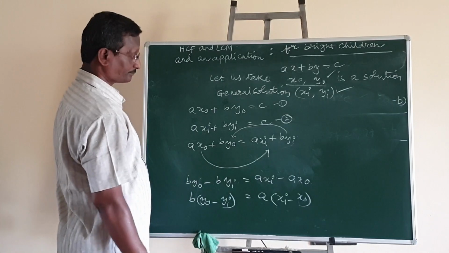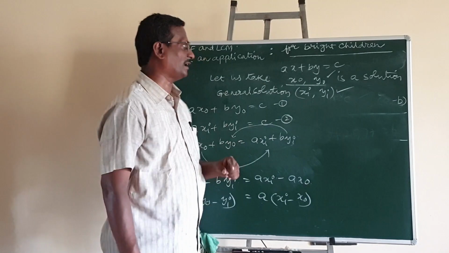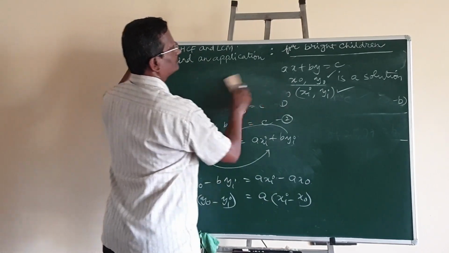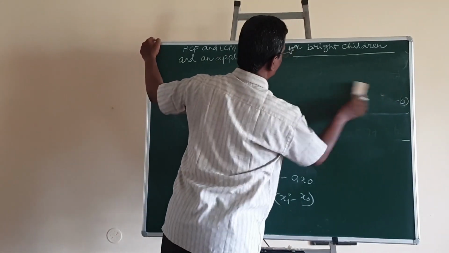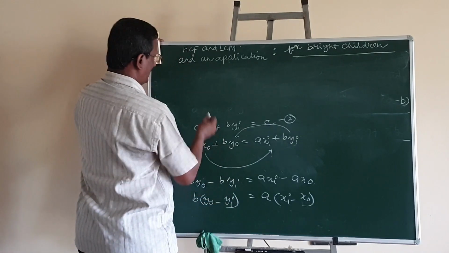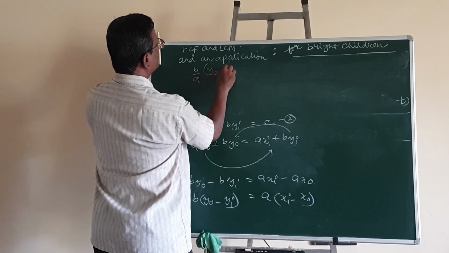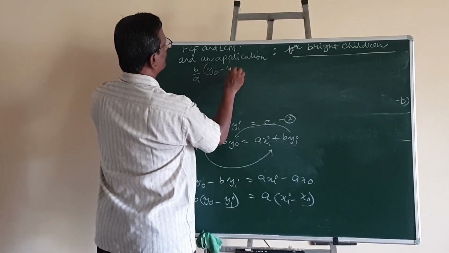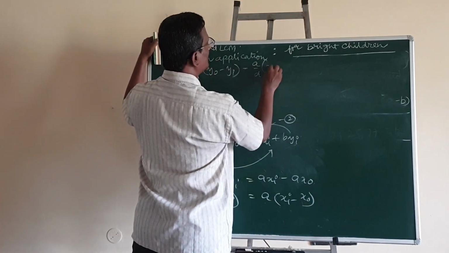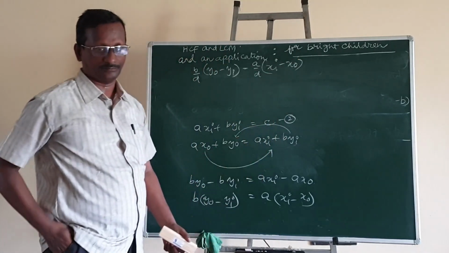After taking common factor, you know that d is the HCF of a comma b. Let us divide both the sides by d. On dividing both the sides by d, b upon d into y0 minus yi is equal to a upon d into xi minus x0. So this is the equation we got.